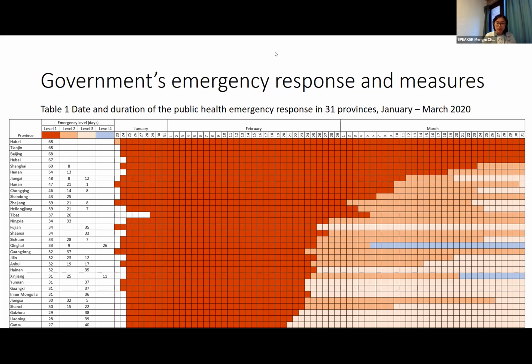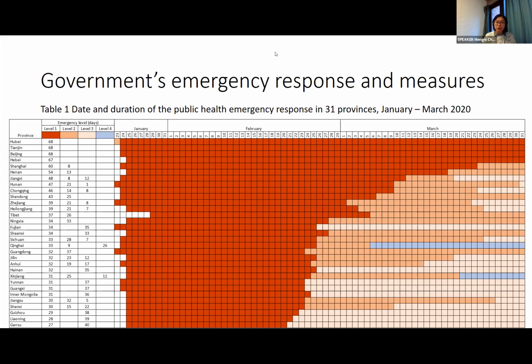This table gives you information about the specific dates and duration of the public emergency responses in the 31 provinces from January to March 2020. The red cells highlight the duration of first level responses.